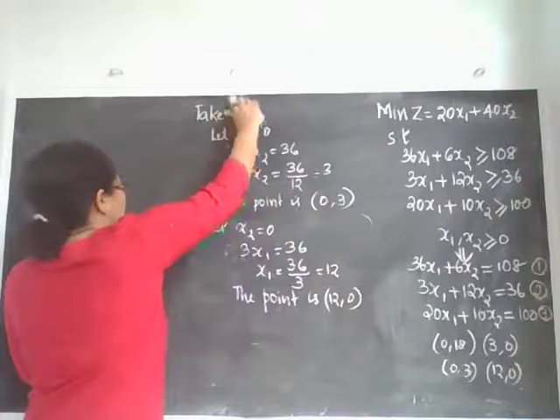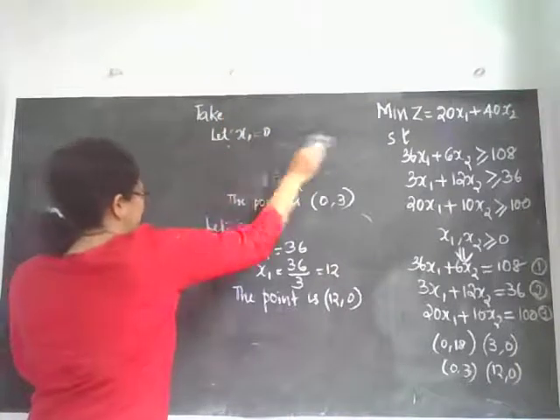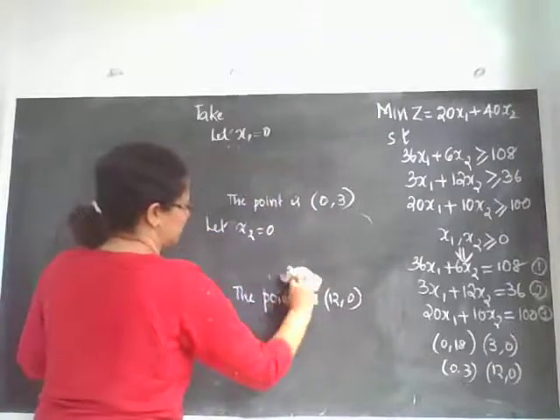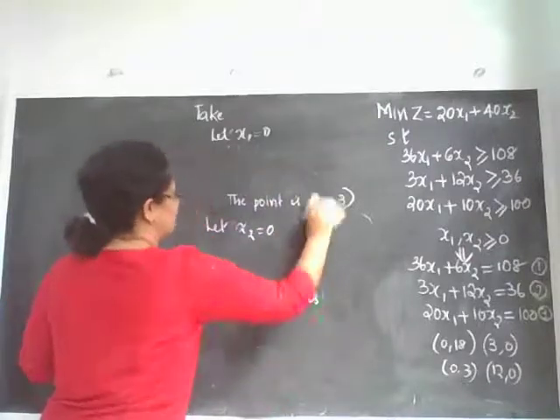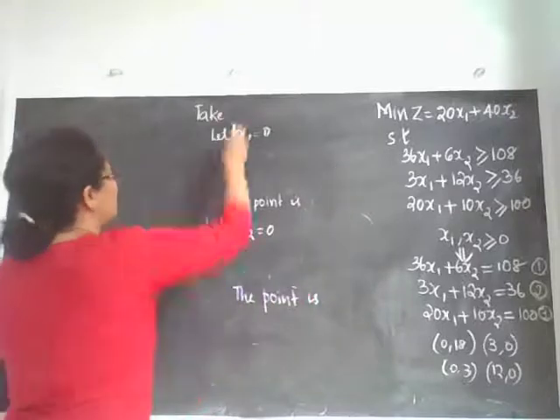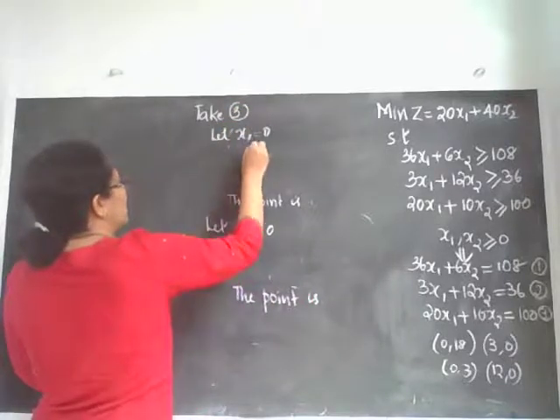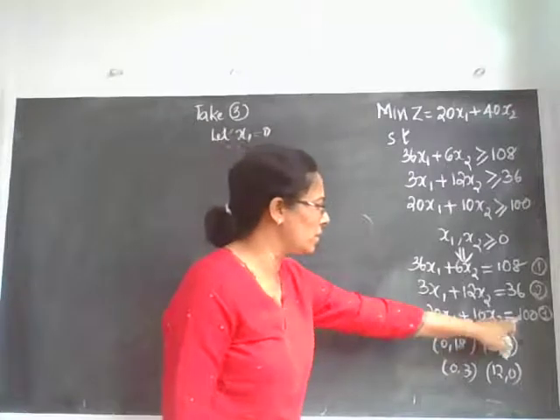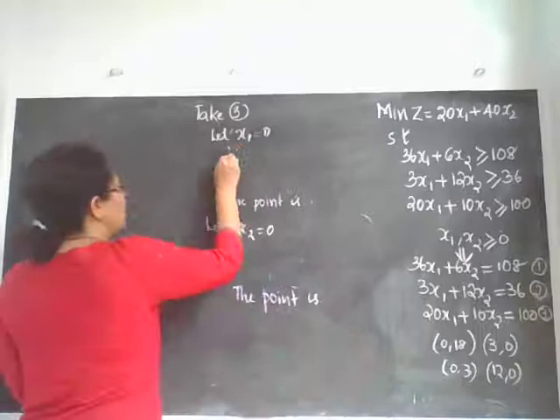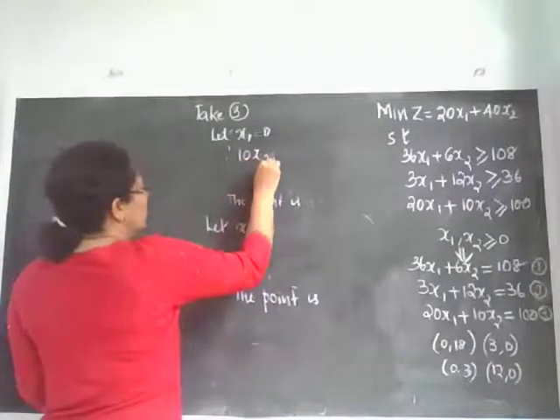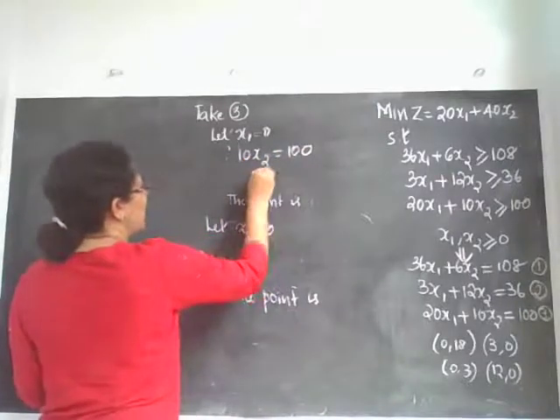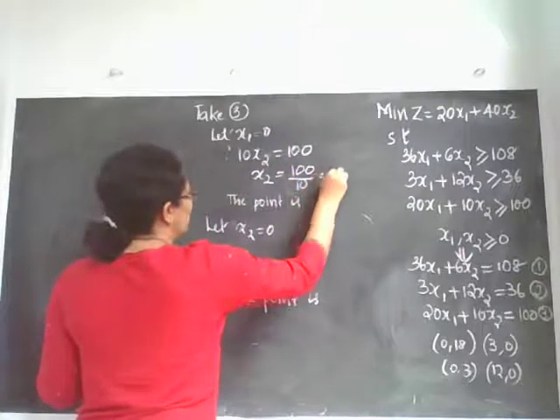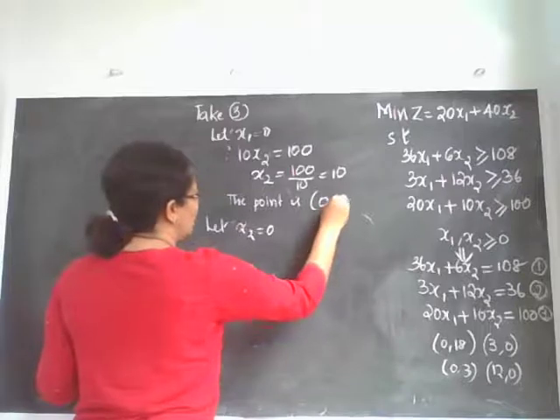Now take the third one. Let x1 be equal to 0. So 20x1 goes out, and 10x2 equal to 100. Therefore x2 equal to 100 divided by 10, which is equal to 10. So you have the point 0, 10.